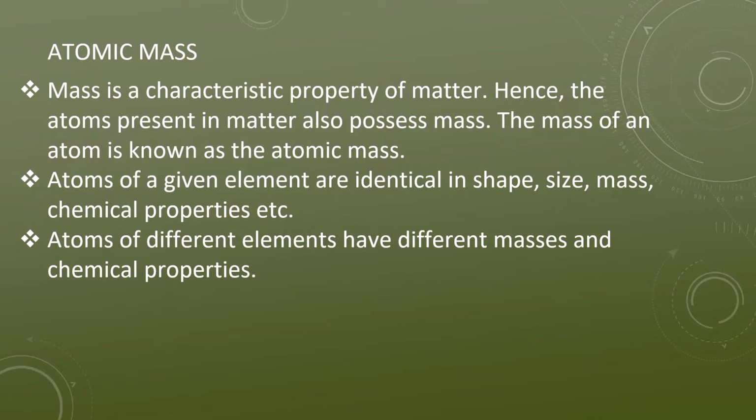That means atoms of the same element have the same shape, size, mass and chemical properties, but atoms of different elements have different masses and different chemical properties. That is all about mass.